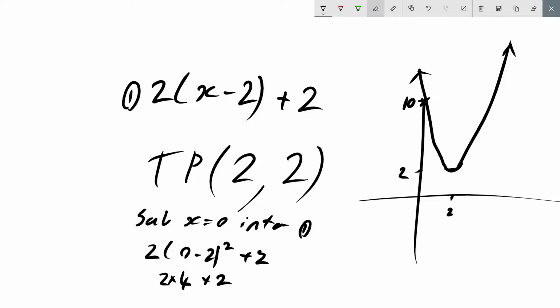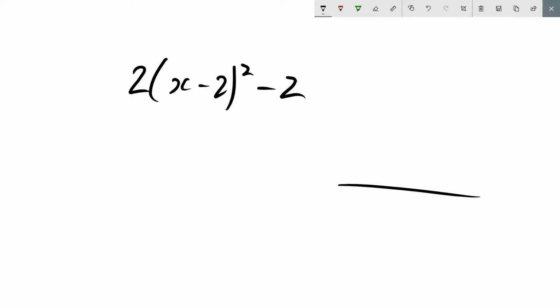But what if it was something like a minus instead? Yeah, if that was the case, we'll get it in the negatives. So our turning point will become the -2.